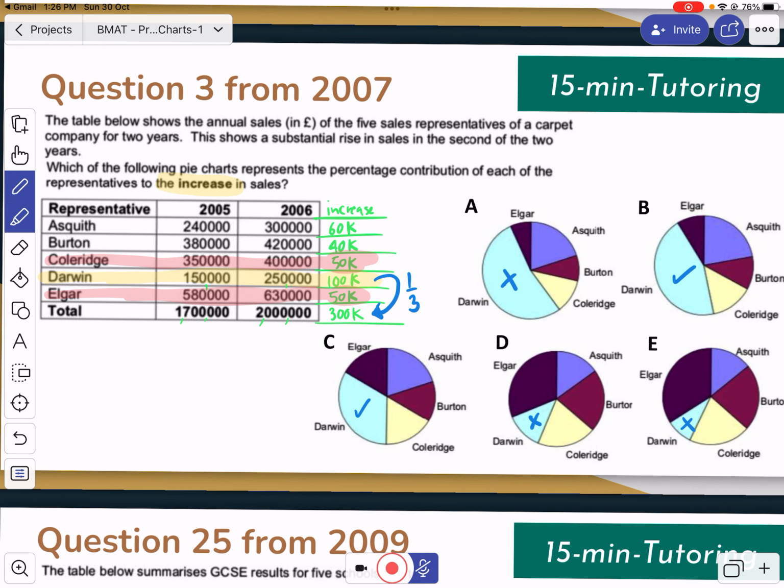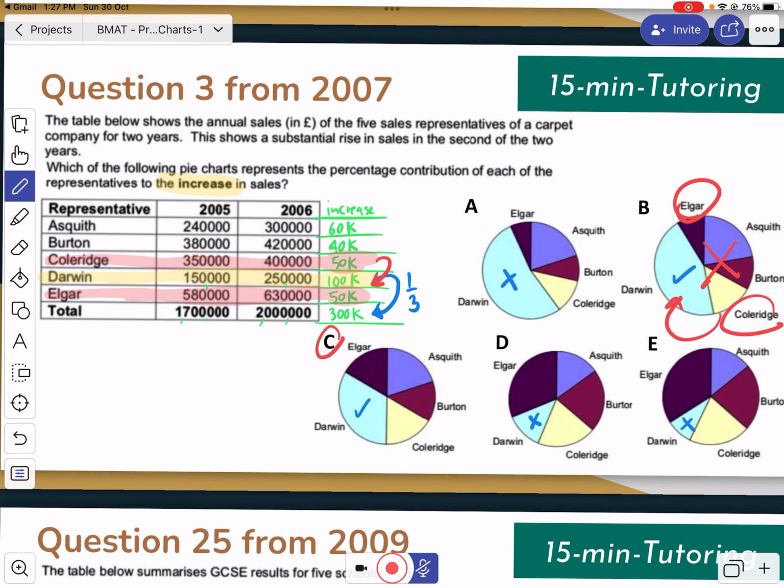And also, if you compare Coleridge and Darwin, the largest, you see that 50K is about half of 100K. So basically, Coleridge and Alger need to be of the same size, and Coleridge needs to be half of Darwin. In B, Alger and Coleridge are not the same size. They are not half of Darwin. So B is not correct. We only have C left, so we go with C.